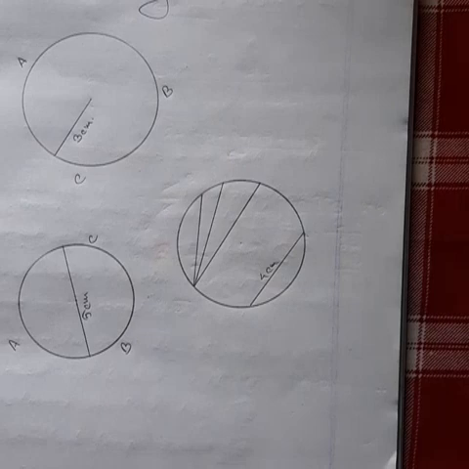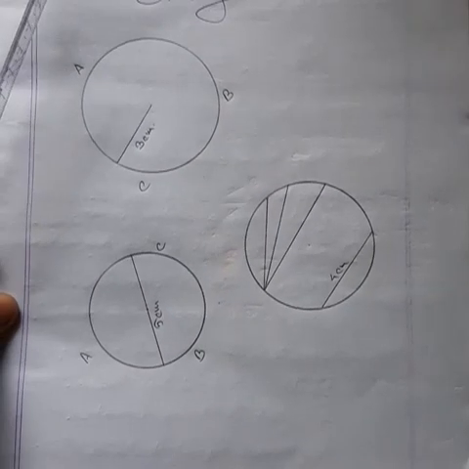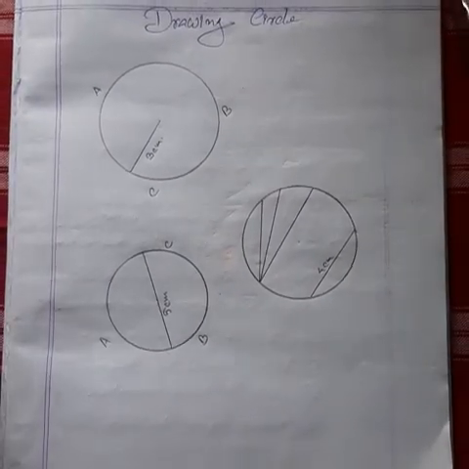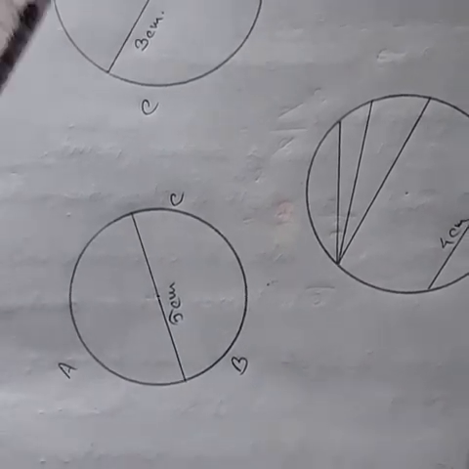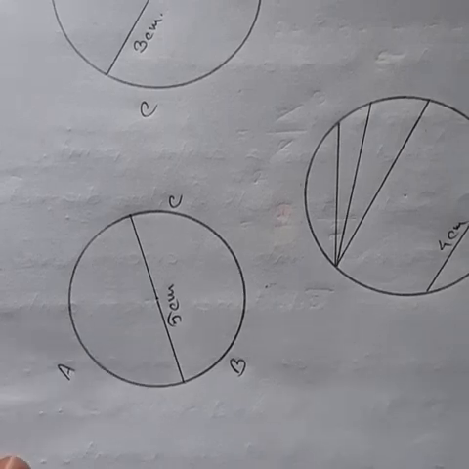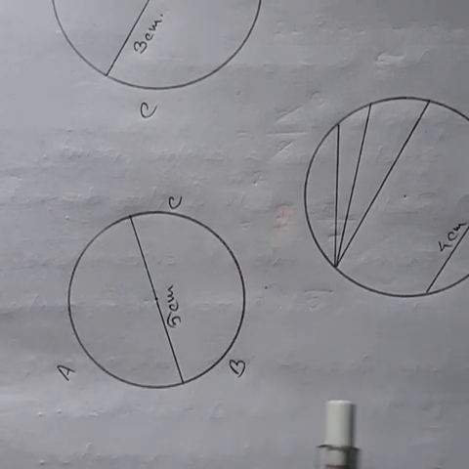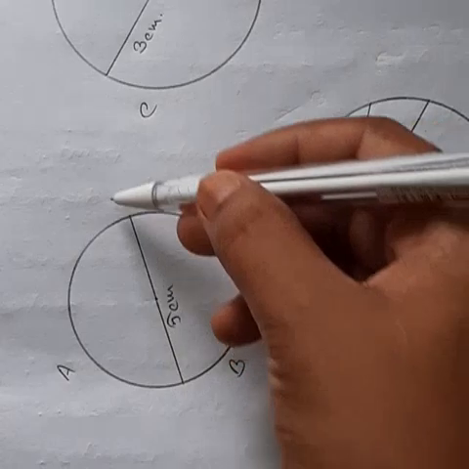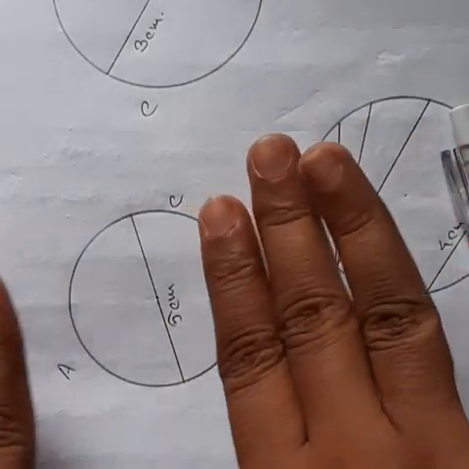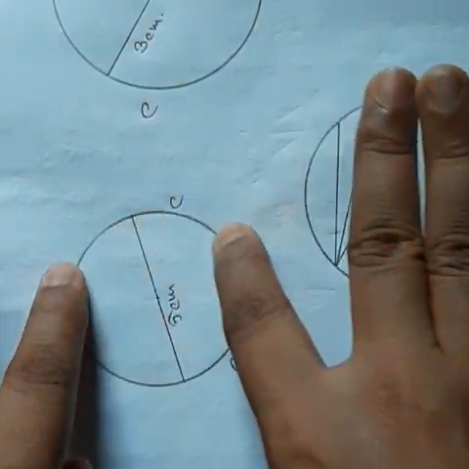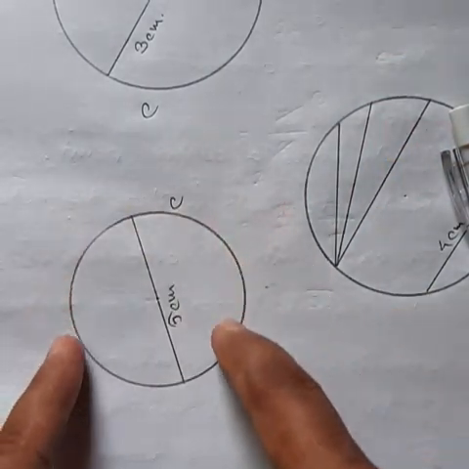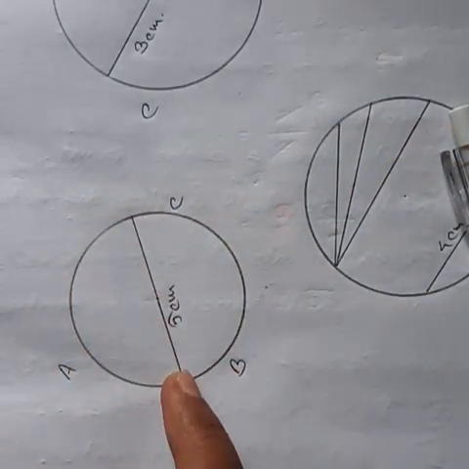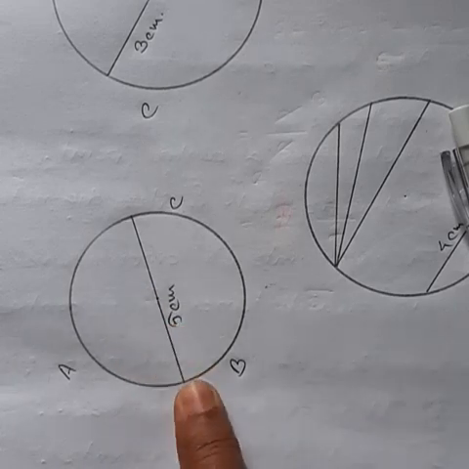Now let's see. I'm going to show you another thing, the last one from this page. The other part I wanted to tell you is that a diameter divides the circumference into two equal parts. Only a diameter can do that.